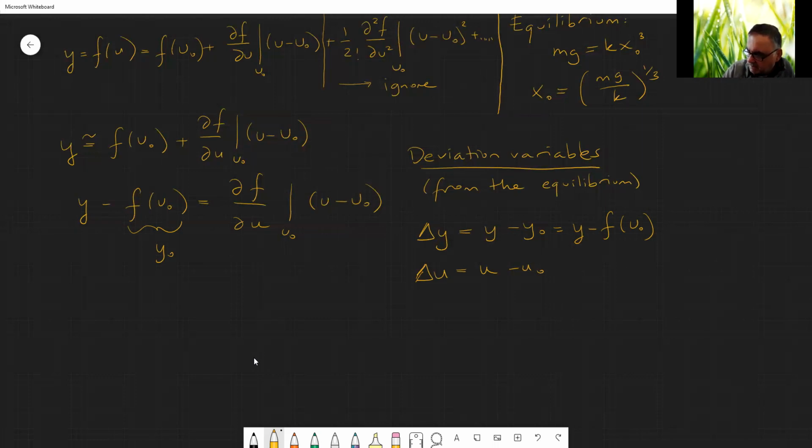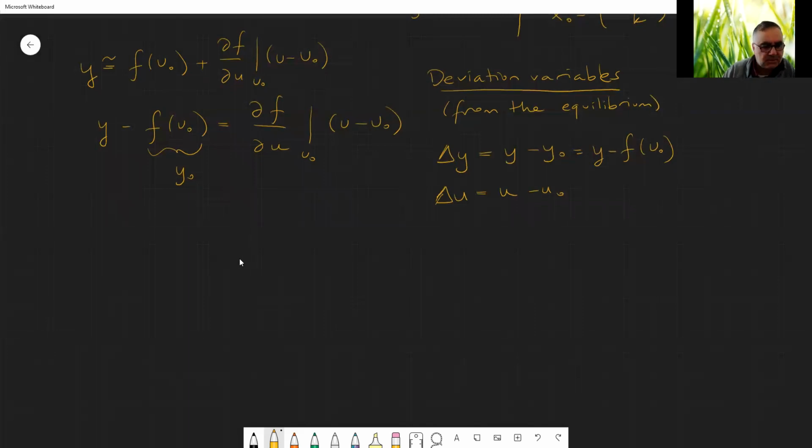And what we see here is that delta y is equal to the derivative term, which I will call the slope m, times delta U, where M is equal to del F del U evaluated at U0. So the slope of the curve.